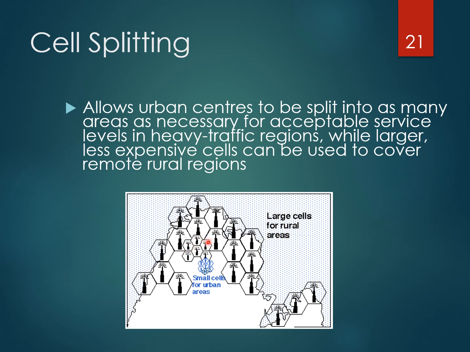This concept is called cell splitting. So instead of one tower within this region, again you are splitting the cell, means you are fixing one more base station. So with this base station, the subscriber in this particular coverage region can utilize the available radio frequency very effectively.